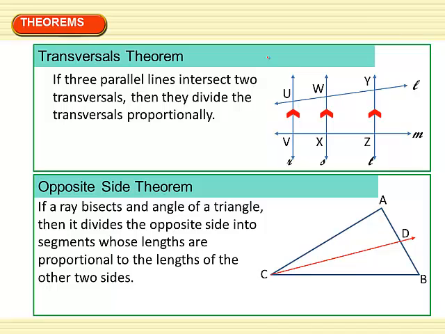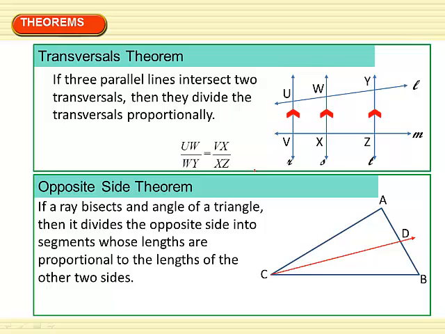Okay, so we have the transversal theorem. If three parallel lines intersect two transversals, so remember in a previous module we had two parallel lines cut by a transversal, well in this case it's three parallel lines intersecting two transversals, then it divides the transversals proportionally. So many different things can be created here: UW to WY, we have VX to XZ.